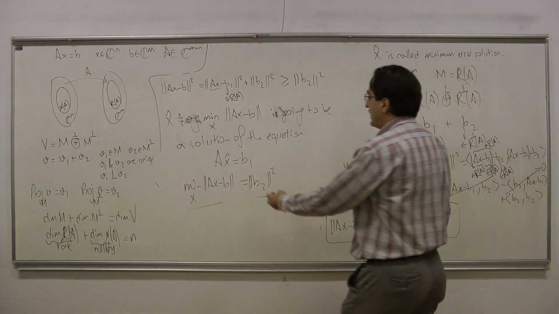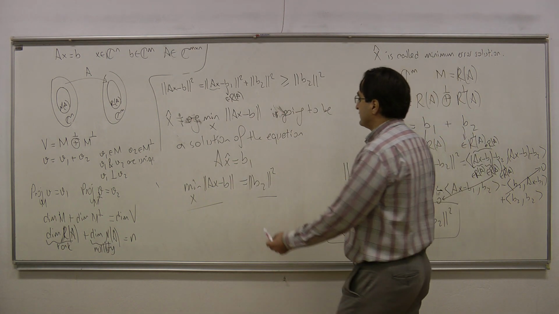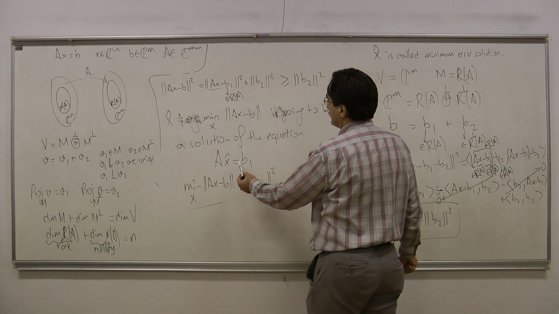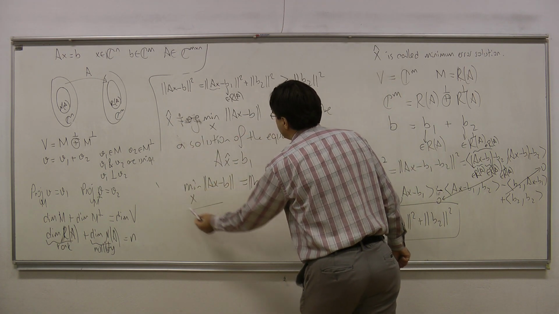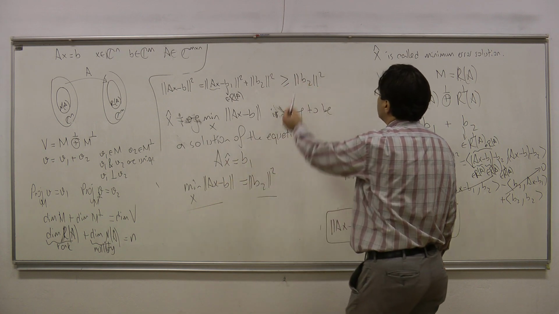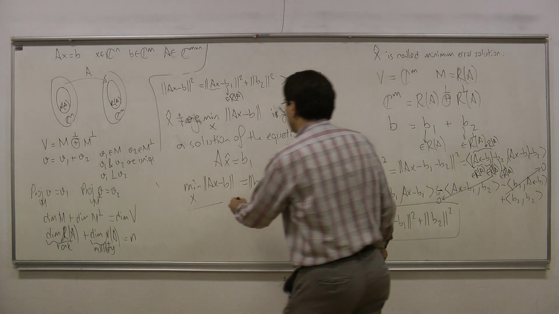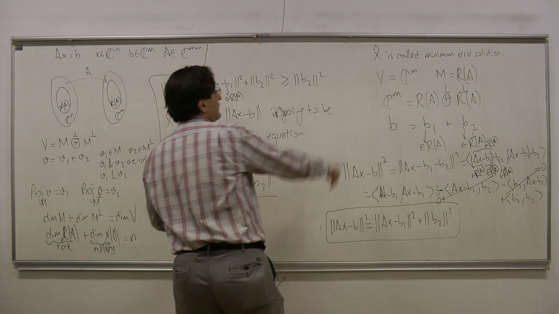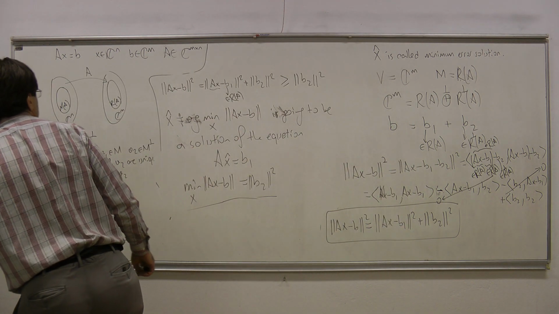Okay? That is why this equation always has an exact solution, and such an exact solution would be the minimum error solution, and the minimum value of the error obtained by this solution would be the norm of b2 square. Okay? And x set is called the minimum error solution.